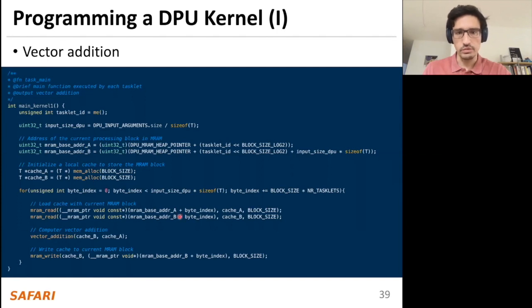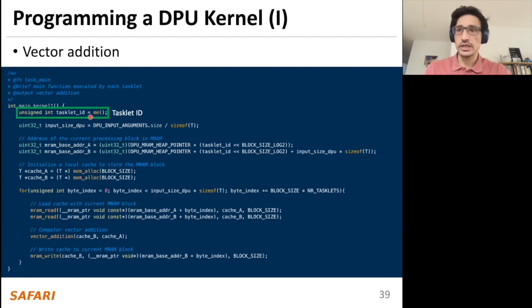It's essentially C programming. And as you can observe, in the very beginning what we do is identify which tasklet is going to run this code. Each of the tasklets is identified by its own ID that we can obtain by using this API.